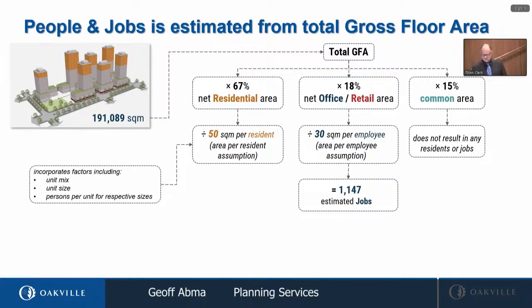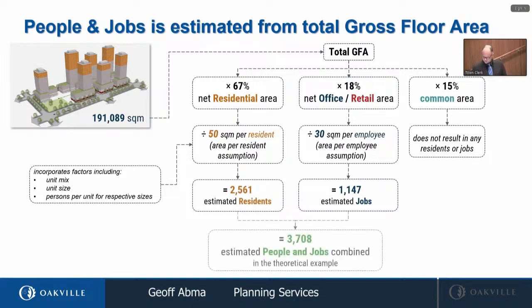It verifies that 50 square meters per resident is a reasonable number to use, and so that's the assumption that we've used in these calculations, and in this case, that would result in 2,561 residents. Of course, you combine those, you get just over 3,700 estimated people and jobs in this theoretical example.